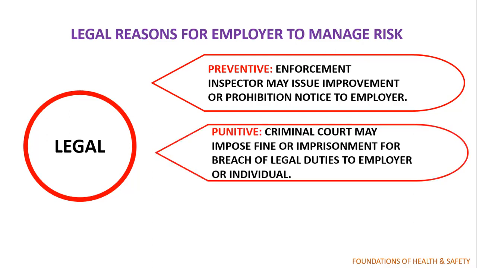Next is punitive. The criminal court may impose fine or imprisonment for the breach of legal duties to the employer or individual. So no employer would like to get imprisonment or fine imposed on them in the criminal court. So to prevent all this, these are some of the legal reasons.